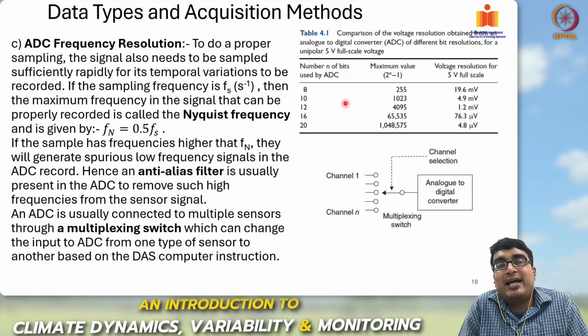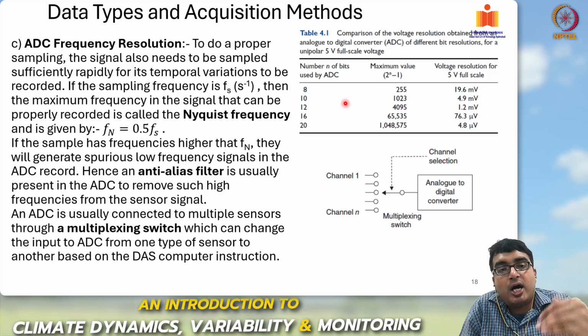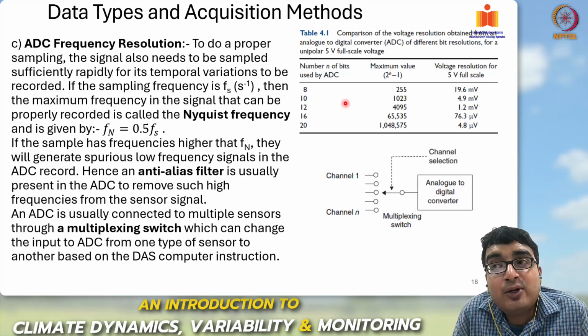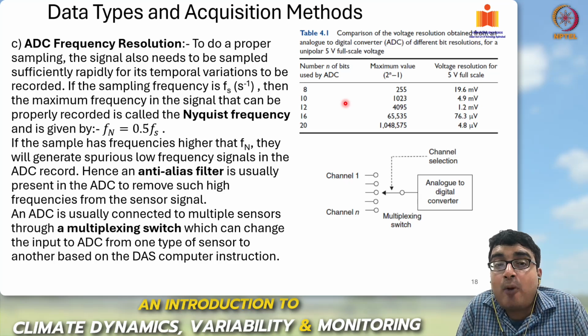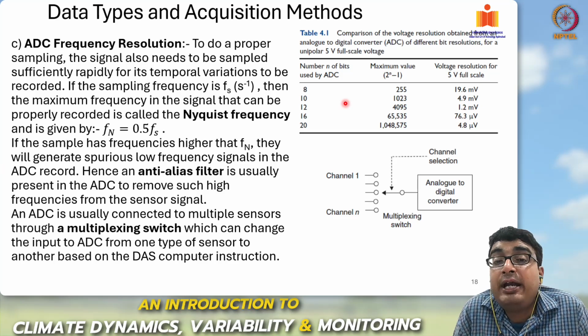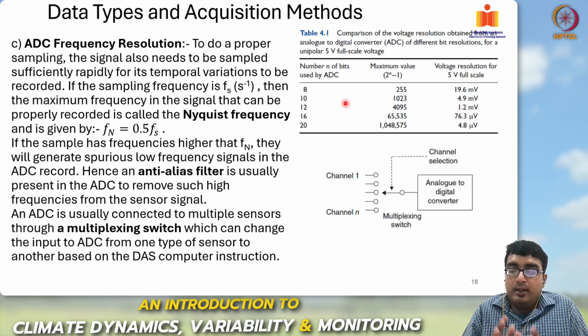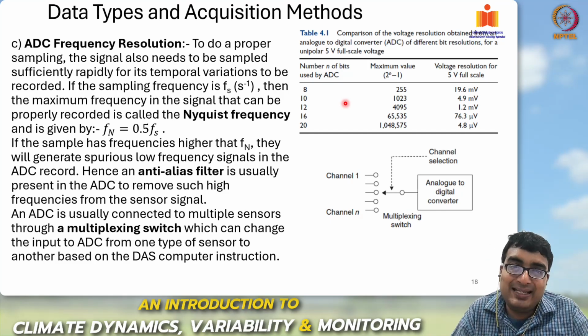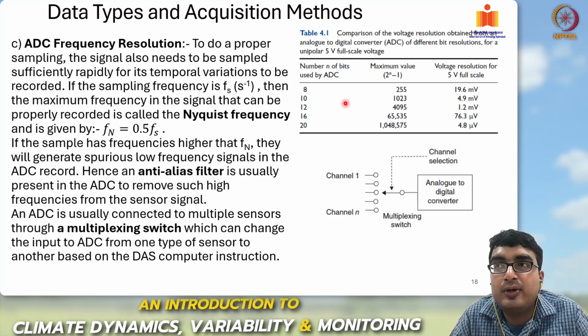It's taking 100 samples means the ADC is sampling the actual continuous voltage 100 times in a second, okay. Then the maximum frequency in the signal that can be properly recorded is called the Nyquist frequency, which is 0.5 Fs. So the maximum frequency that can be captured in that signal is 0.5 times 100, that is 50.